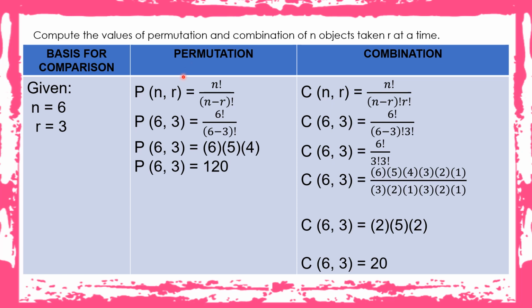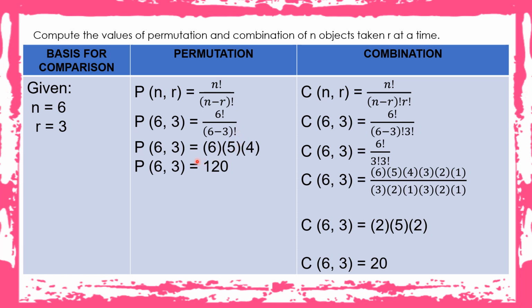Again, our formula is permutation of n and r is equal to n factorial over the difference of n and r factorial. So by substitution, we can now have here permutation of 6 and 3 is equal to 6 factorial over 6 minus 3 factorial.